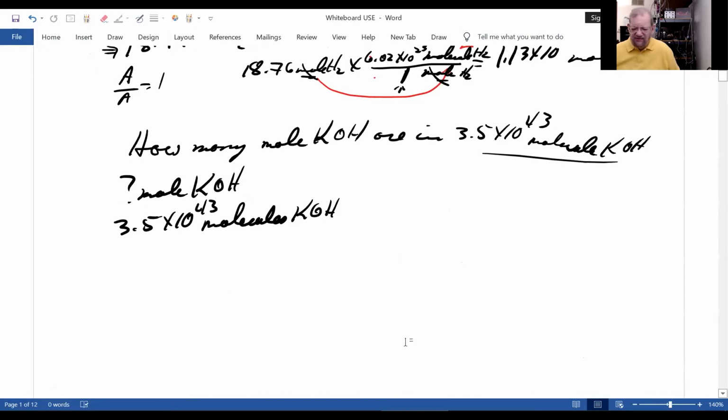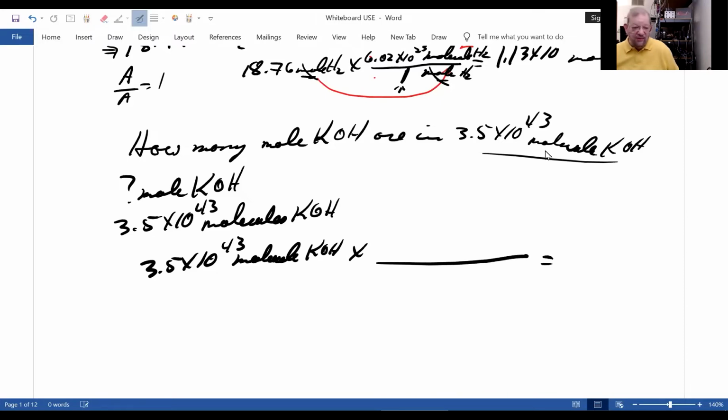And I see a question or somebody's already got it done. I'll get back to you in a second. And now we have 3.5 times 10 to the 43rd molecules of KOH. And what do we want to get to? Well, we took the time to figure out the answer unit-wise is moles of potassium hydroxide, KOH.